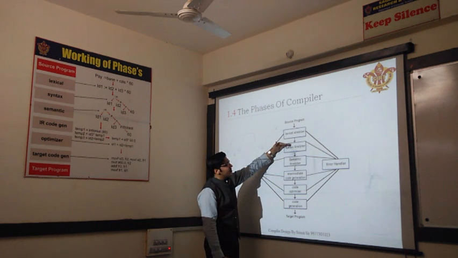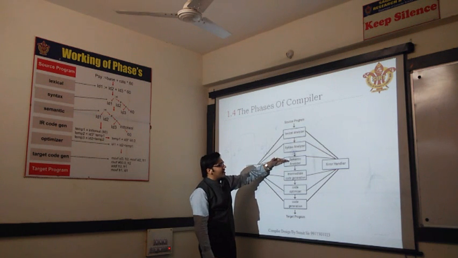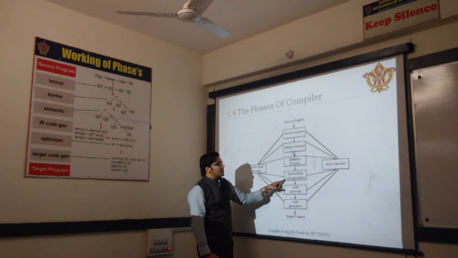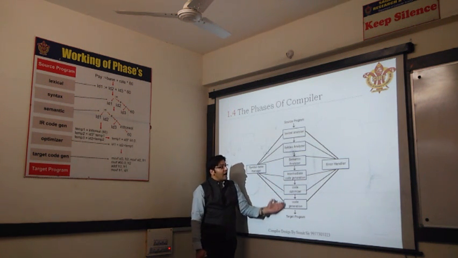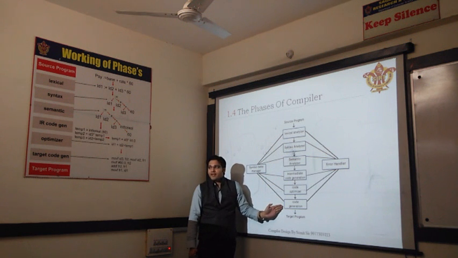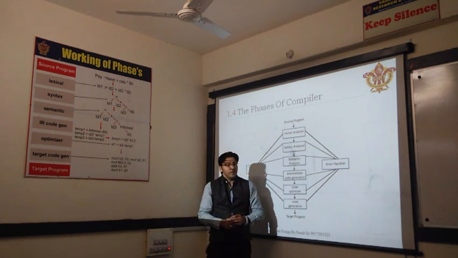Output of the syntax analyzer is applied as an input in the semantic analyzer. Then after semantic analysis or type checking, the output of the type checker goes to intermediate code generation, then code optimization, then code generation. After passing all 6 phases, we get a target program, which is basically assembly level mnemonic code. We'll explain it on the board.